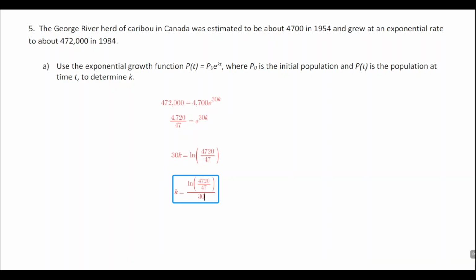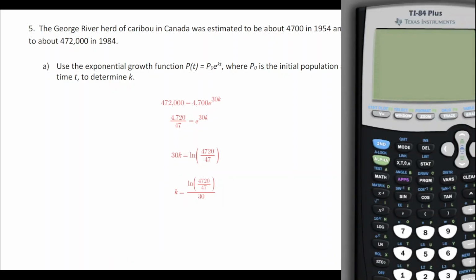So I'm going to go ahead and divide that out. This is where it's time to bust out the old calculator. The natural log of 4,720 divided by 47, all over 30.